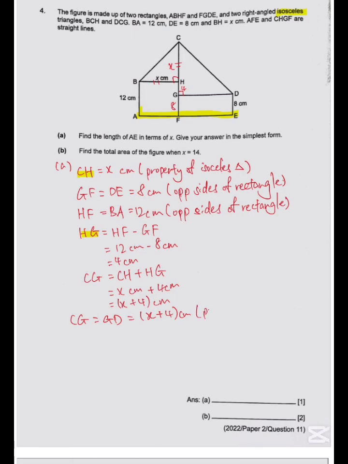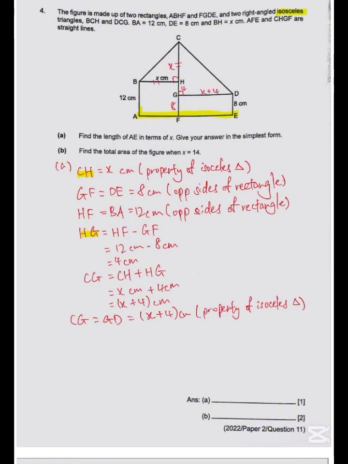Correct? So this is also property of isosceles triangle. Correct? So now we know that GD is also x plus 4 cm. So let me write a small one here, x plus 4 cm.